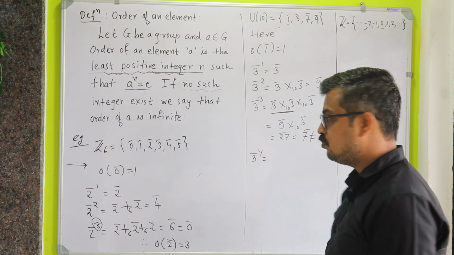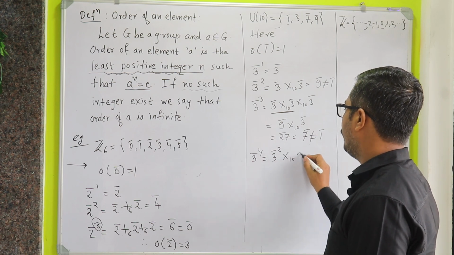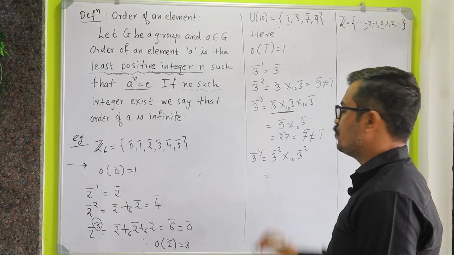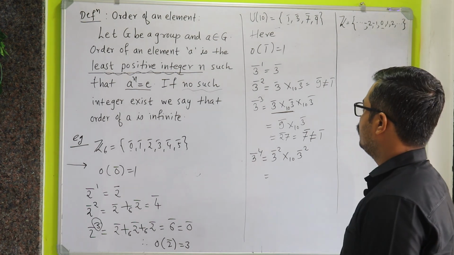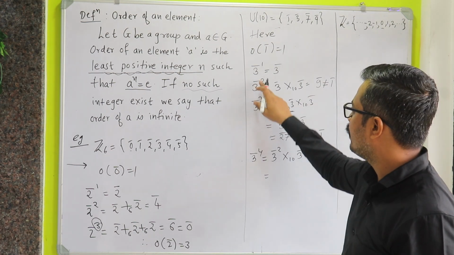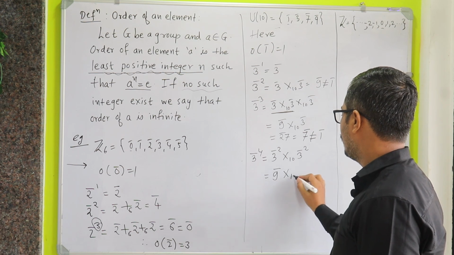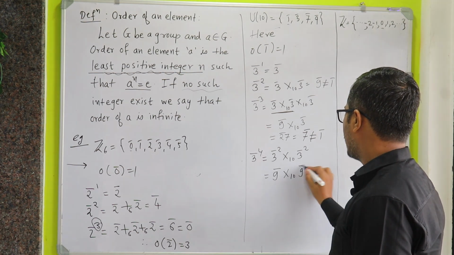So 3 bar raised to 4, by laws of indices, is 3 bar raised to 2 multiplied by 3 bar raised to 2. 3 bar raised to 2 has value 9 bar. We have already found it, right? So we can directly use it. So 9 bar multiplication modulo 10, 9 bar.